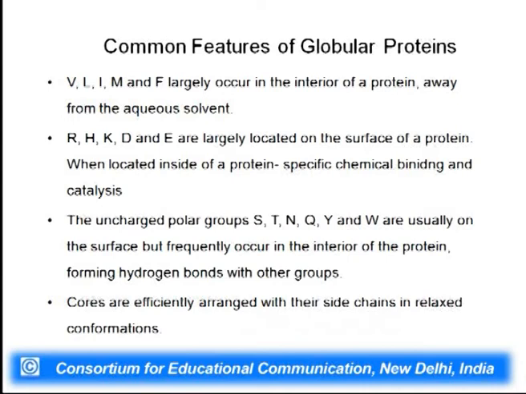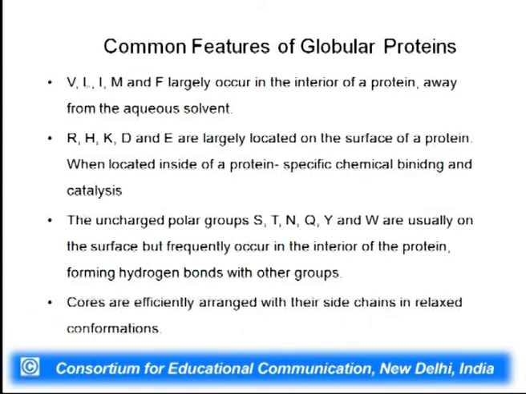And we saw that many of these charged group amino acids were located inside of the protein, but they were also responsible for some specific enzymatic catalytic activity, or where there has to be some binding to a ligand.